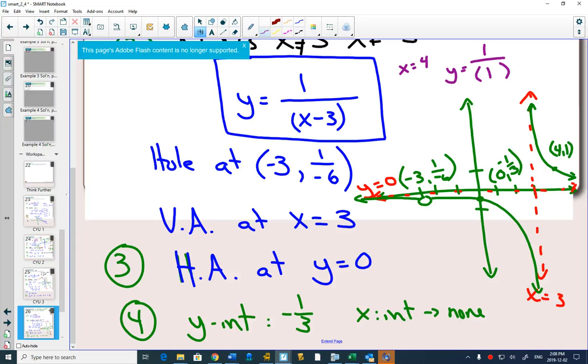So the exam really likes graphs with holes in them, vertical asymptotes and horizontal asymptotes. The exam, for whatever reason, does not like oblique asymptotes. Okay, you will have oblique asymptotes on your test, but I haven't seen an oblique asymptote on an exam yet.